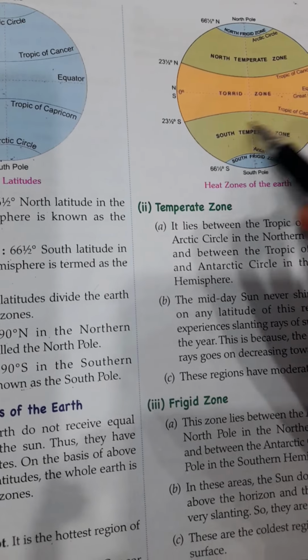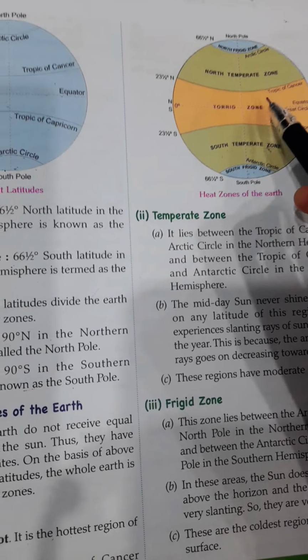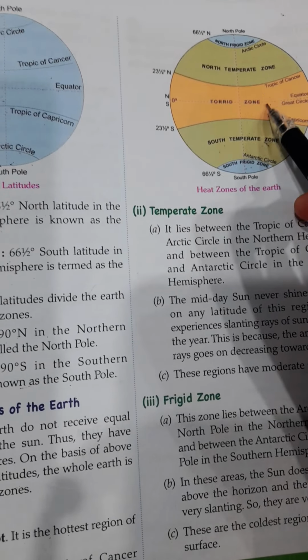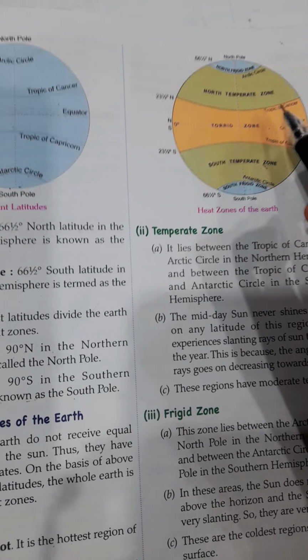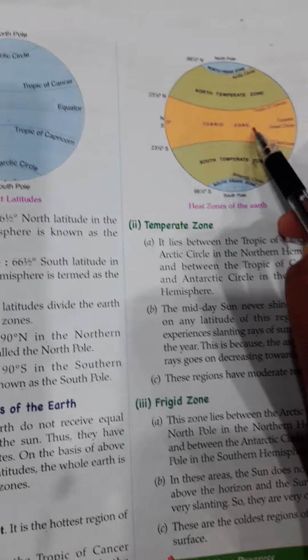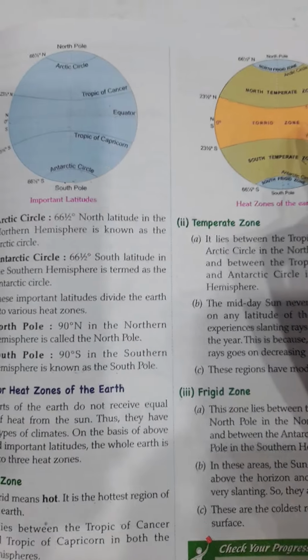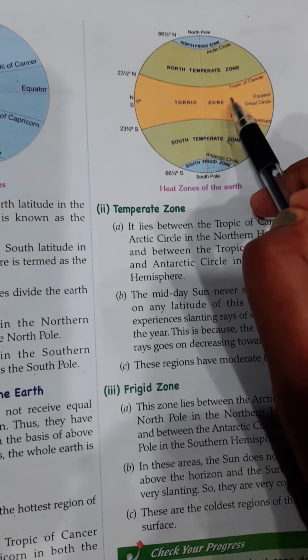This region receives maximum sunlight throughout the year. This region is also called the tropical zone. And it is the hottest region of the earth. Clear, students?